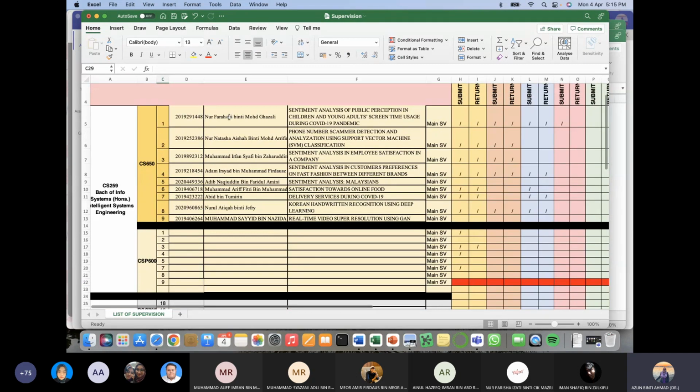Ni list of supervision yang saya dah ada untuk CSP 650. So CSP 600, kalau you nak, hari tu ada a few yang saya kata, okay, if you want me to be your supervisor, you need to provide me you punya project description kan. Ada yang dah bagi, minta maaf sangat-sangat sebab saya tak sempat nak baca lagi, but I'll try to read it by this week dan saya akan bagi jawapan dekat you all.